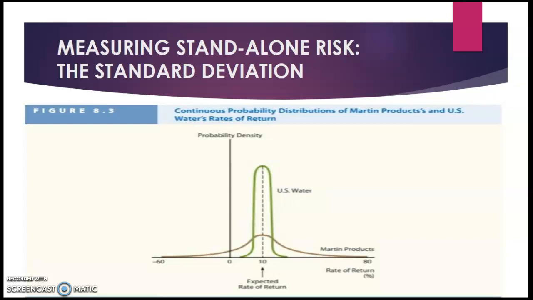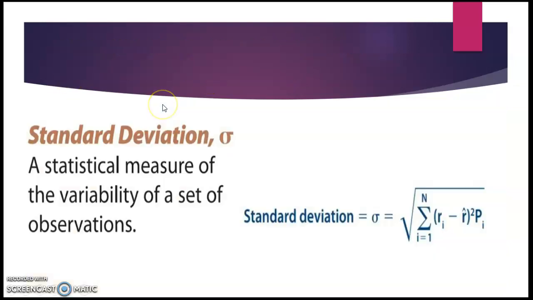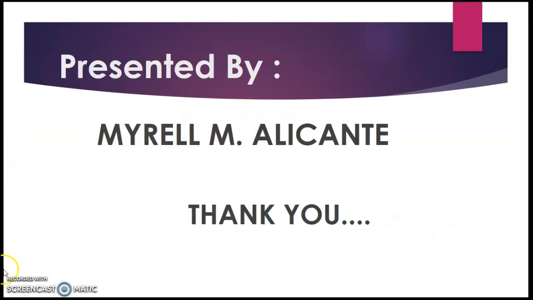The average publicly traded firm's sigma has been in the range of 20 to 30% in recent years, so Martin is more risky than most stocks and US Water is less risky. Here is the formula for standard deviation. That's all. Thank you.